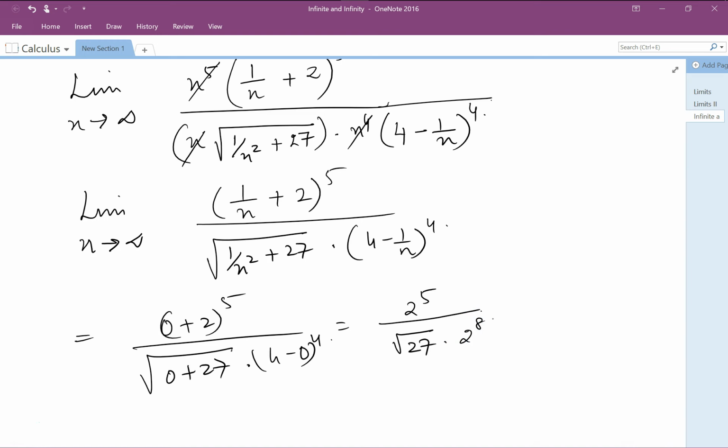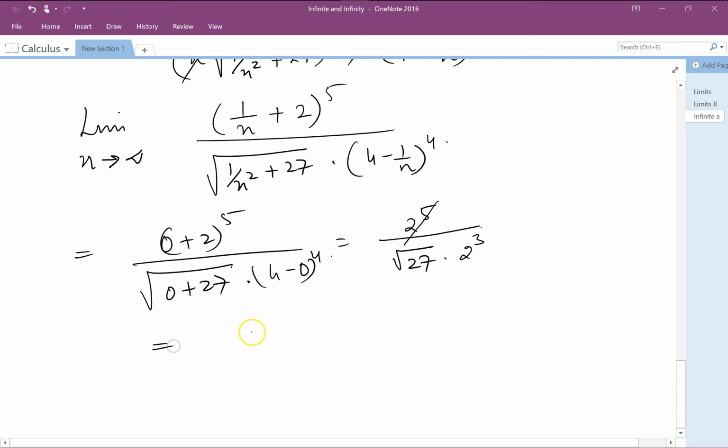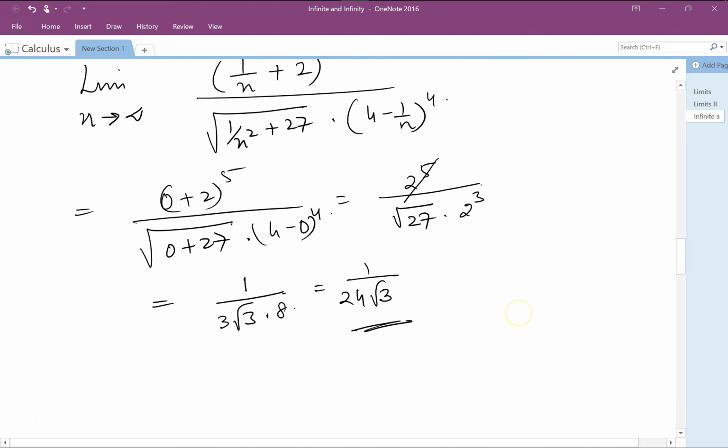So 2 to the power of 8, and 5 of this gets cancelled, which means we are left with 3 of this. Which is equal to 1 by 27 is 3 root 3 times 8, which is 1 by 24 root 3. So 1 by 24 root 3 is the limit.